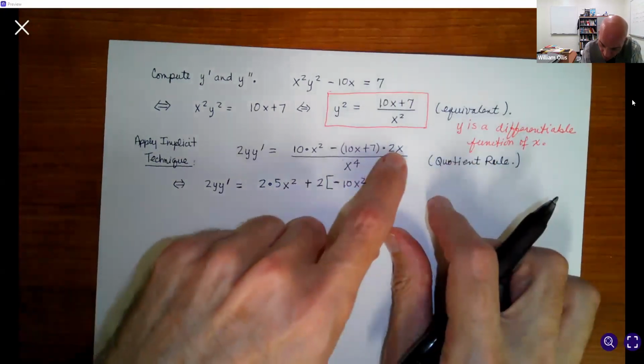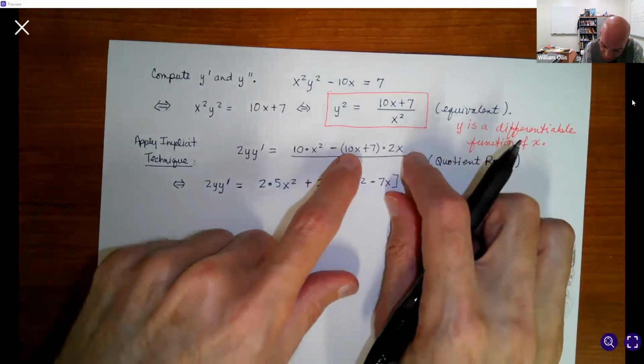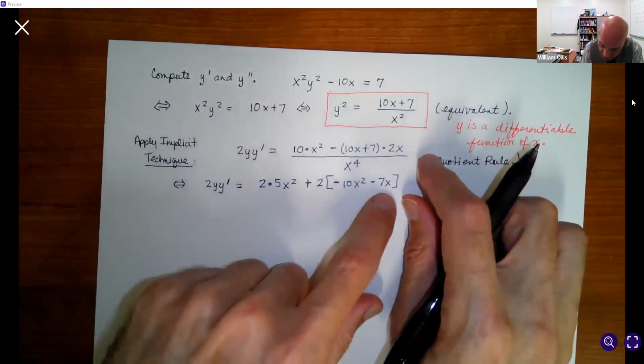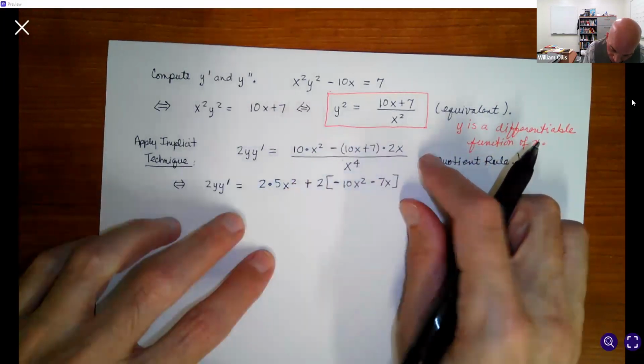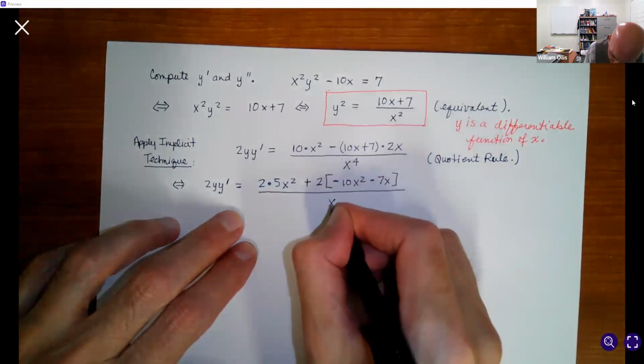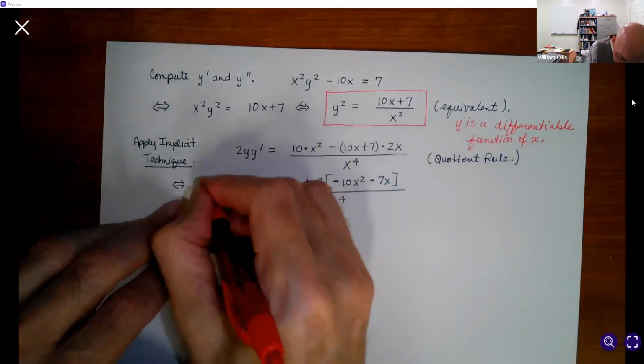So notice I brought the 2 up here, got the plus, and then x times the negative 10x is a negative 10x squared, and x times the negative 7 is negative 7x, divided by x to the 4th. So that just creates some more convenient algebra. And then, of course, all these 2's absorb.